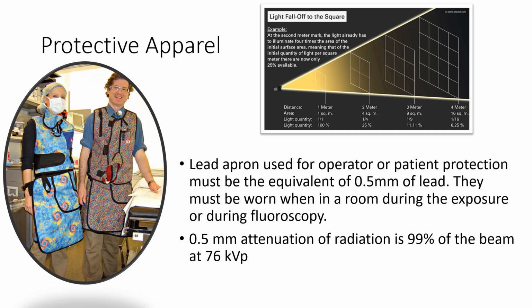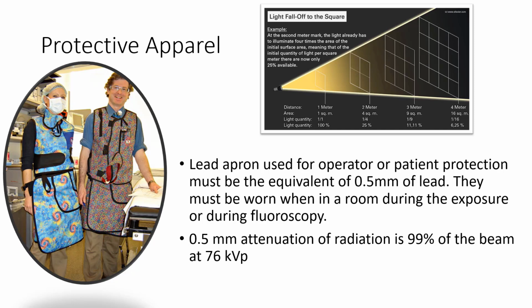What we're interested in is how much ionizing radiation they will absorb. They must be worn when in a room during the exposure or during fluoroscopy. If the apparel has the equivalent attenuation of 0.5 millimeters of lead, 99% of the beam at 76 kVp will be absorbed.